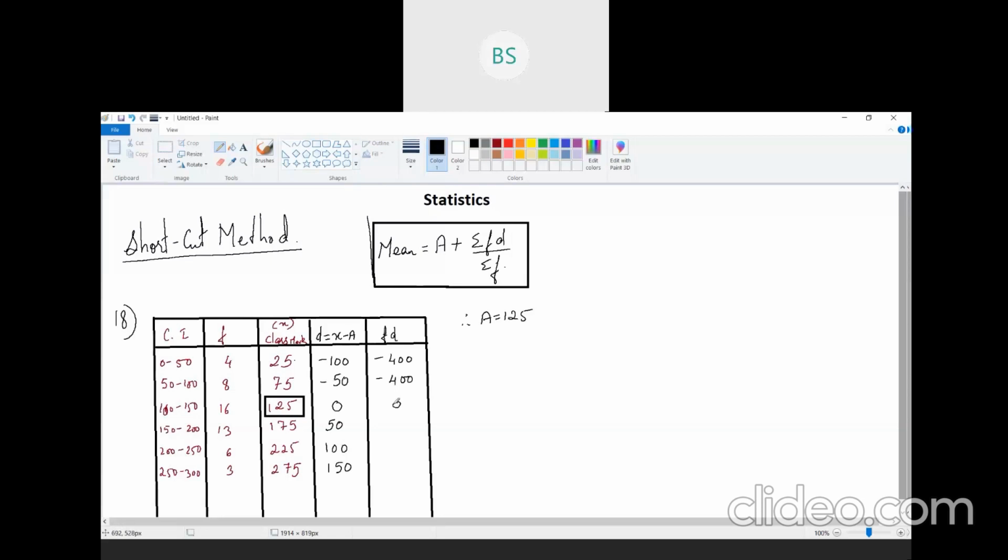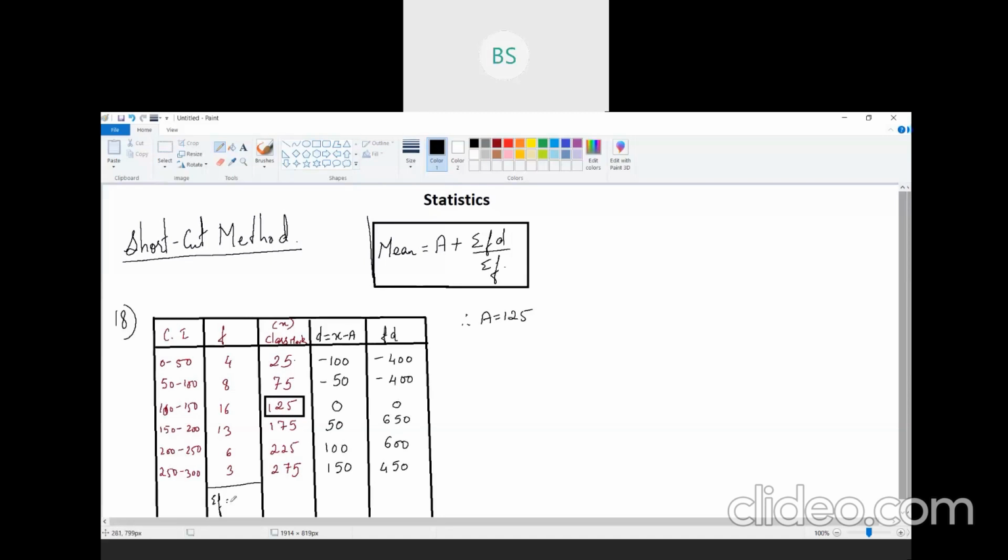We have 0, 650, 1350, 600 and 450. Yeah.